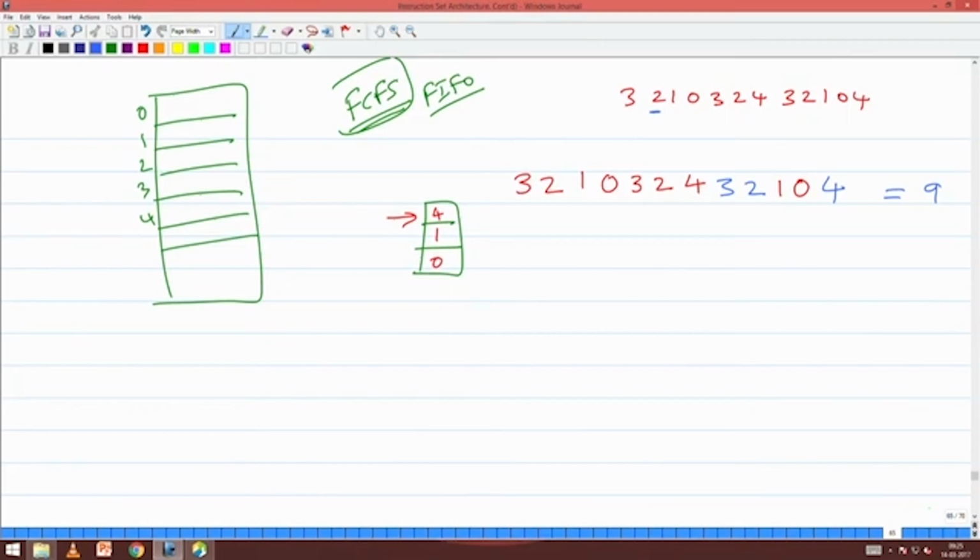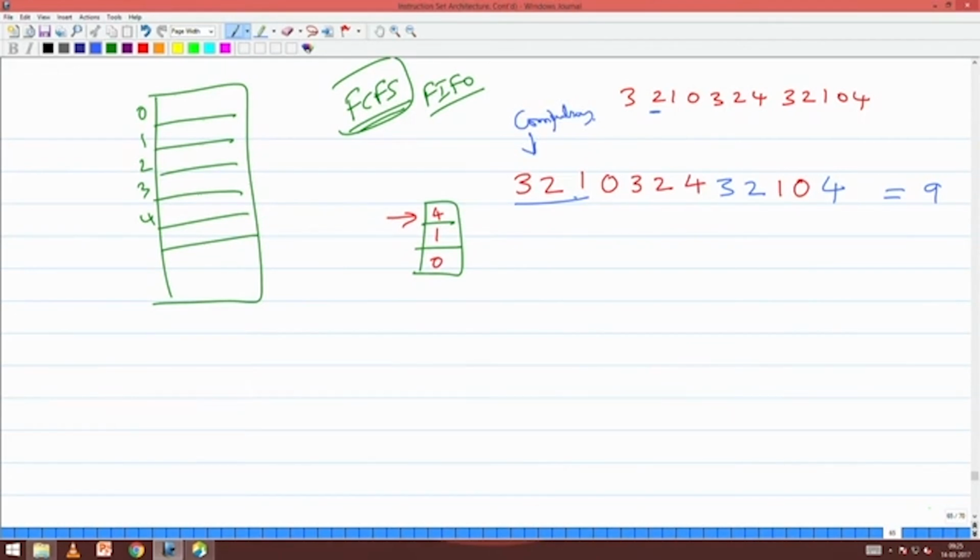So totally 9 page faults happened, in which please note that the first 3, 2, 1, etc., were all compulsory faults, because they had to be loaded.